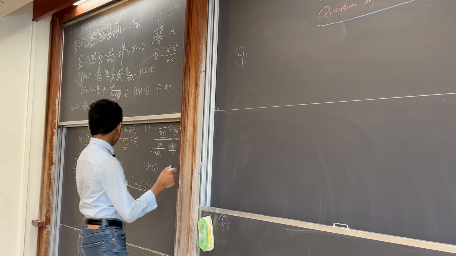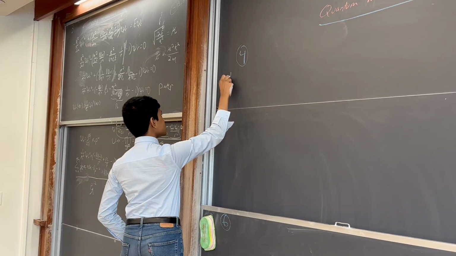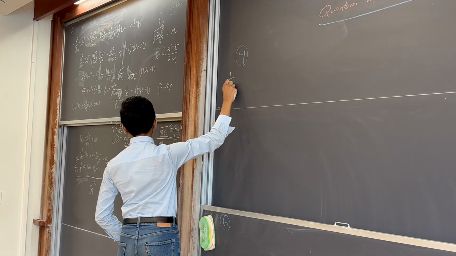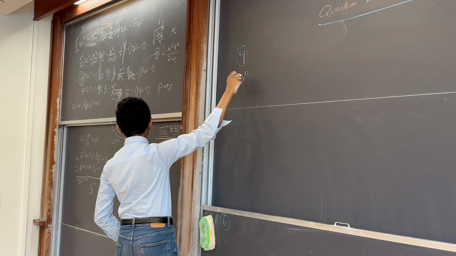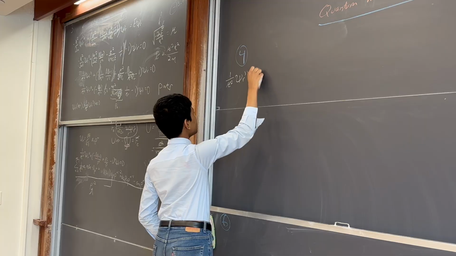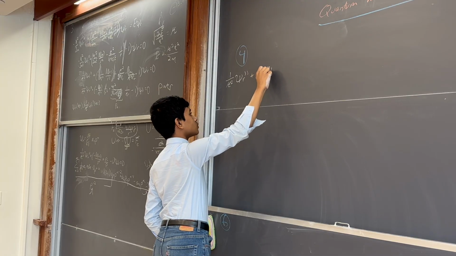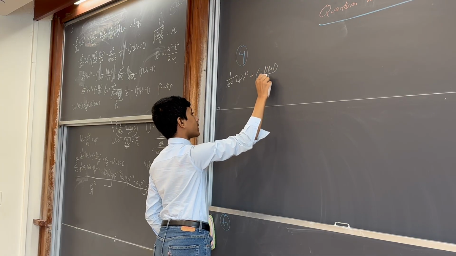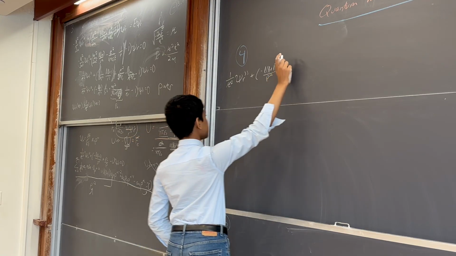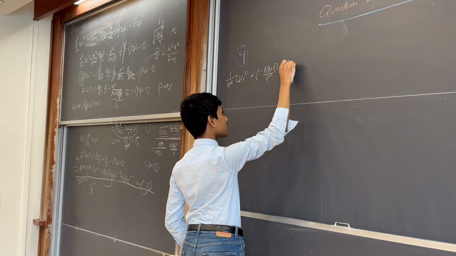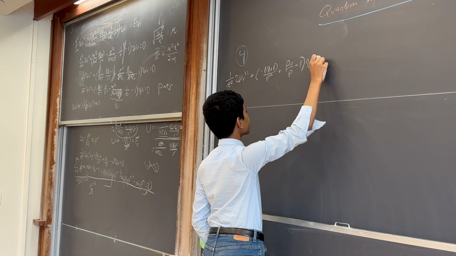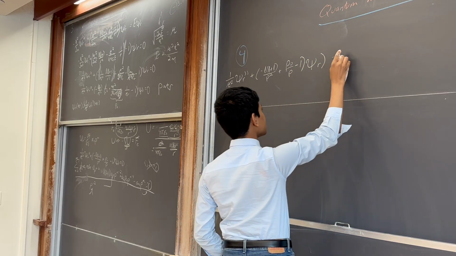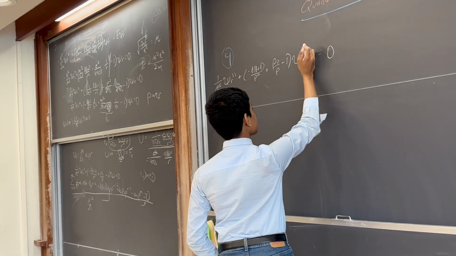So, we get the equation 1 over kappa squared, psi r double prime plus minus L times L plus 1 over rho squared plus rho naught over rho minus 1, psi r is equal to 0.